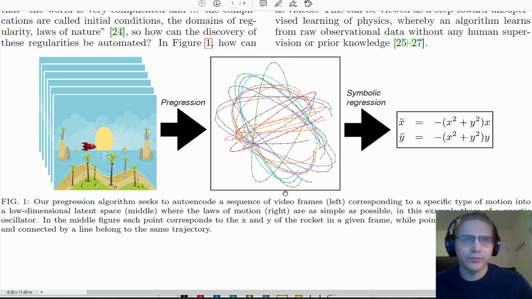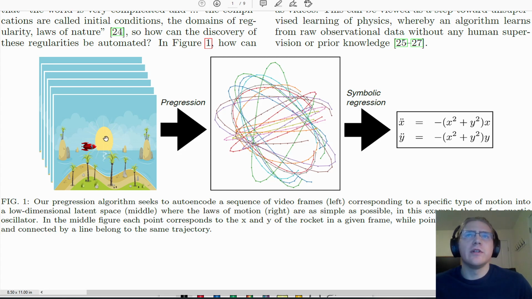So how do you map these frames onto, in this case, what you're mapping them onto is each frame is going to correspond to a dot on this image, and each video is a trace. So you have a bunch of frames, and they're associated with each other on these trajectories.